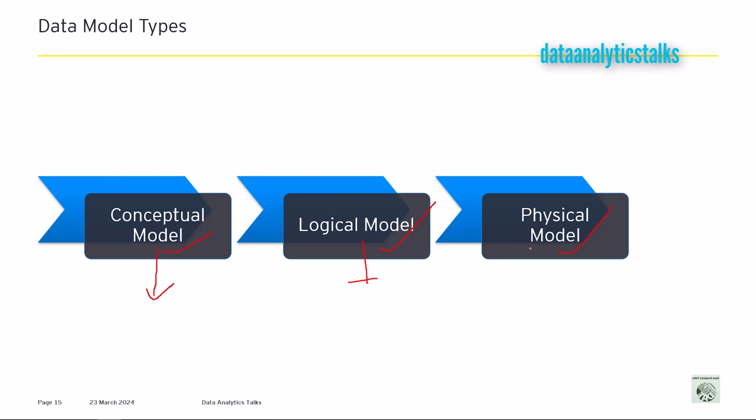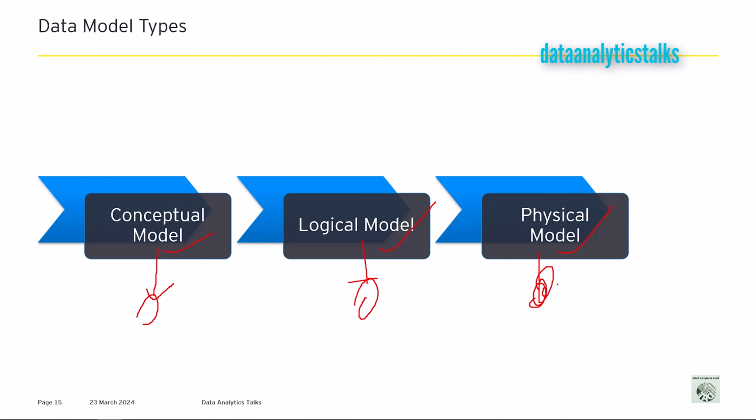Then the physical data model describes the database-specific implementation of the data model. In the conceptual and logical models, we don't care about any DBMS. But in the physical model, we care about the relational database, which database we are going to go with, maybe SQL, Oracle, or MySQL, or anything of that sort.